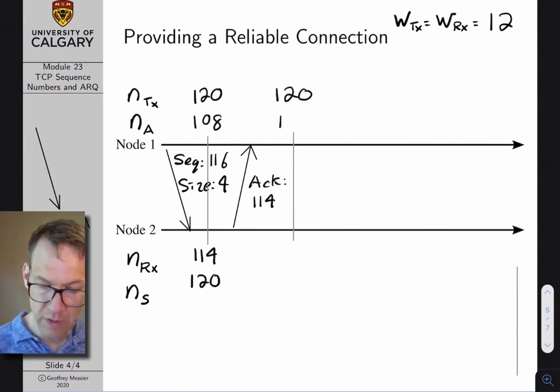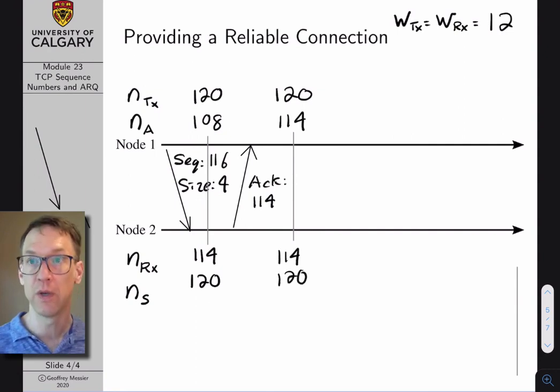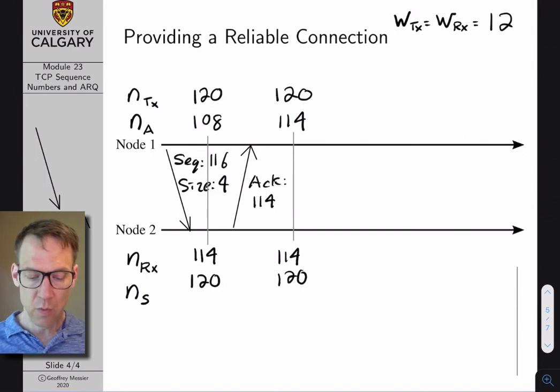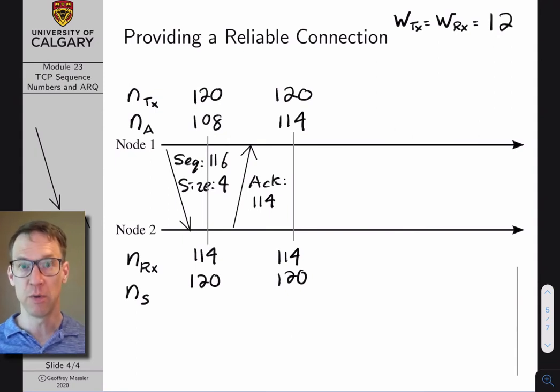It's now received an acknowledgement for 114, and the receiver values haven't changed, 114 and 120. The transmitter buffers all unacknowledged segments. So every segment that it has not yet received an acknowledgement for, it keeps in a buffer just in case it has to be retransmitted.